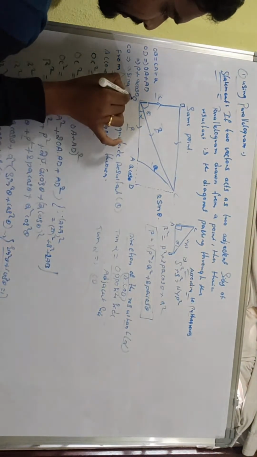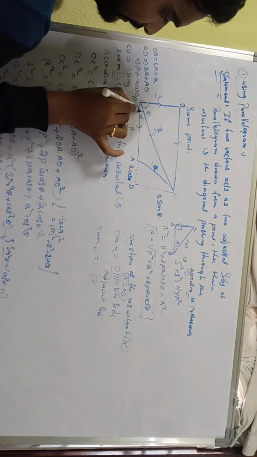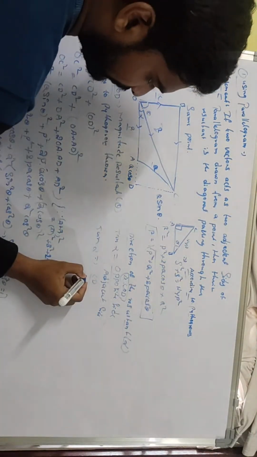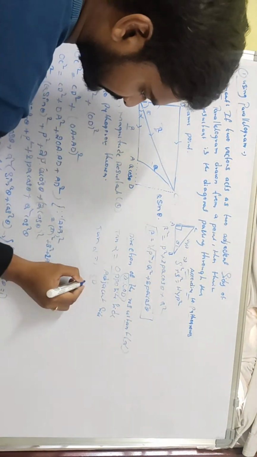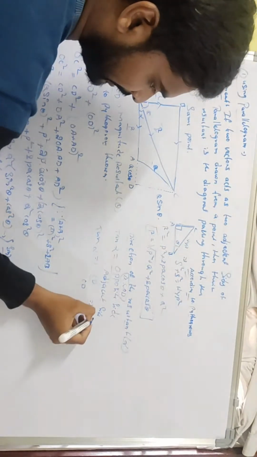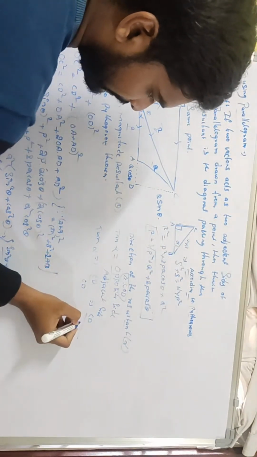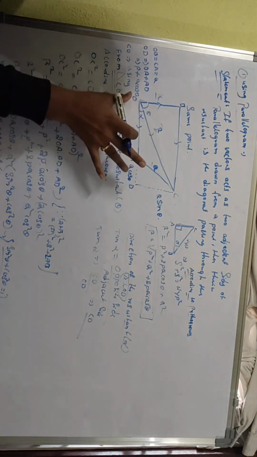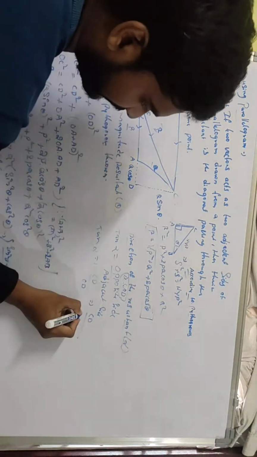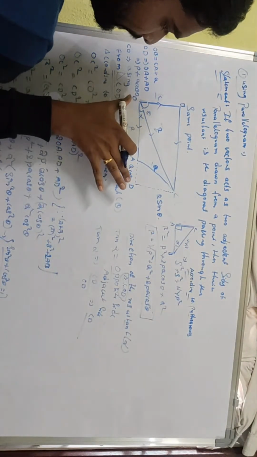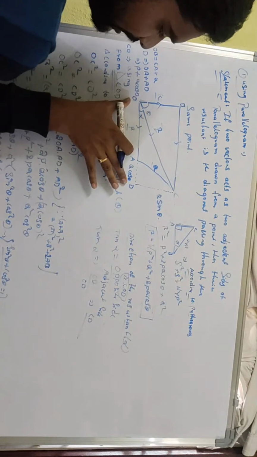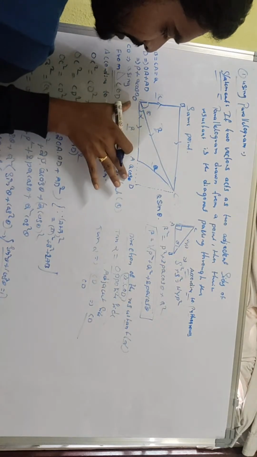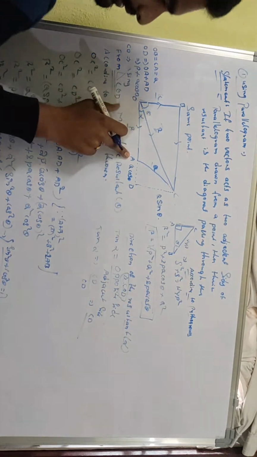The adjacent side is the side touching the angle, that is OD. CD divided by OD, where OD is split into two parts: OA and AD.